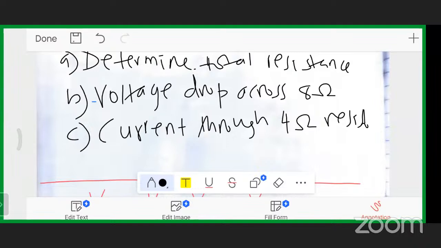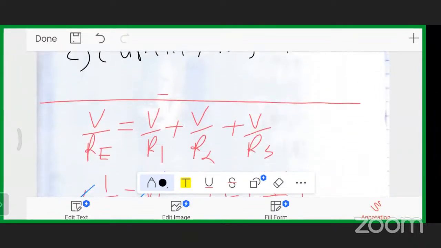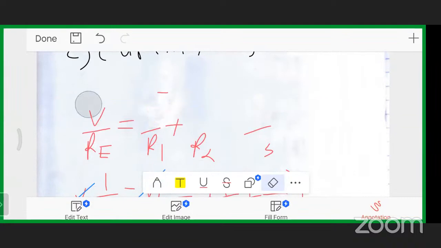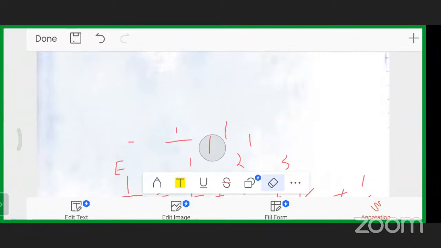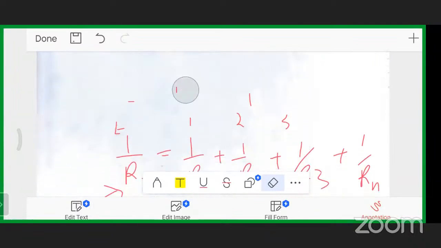So I need to get your values, your answers. So let me clean more space for solving it.